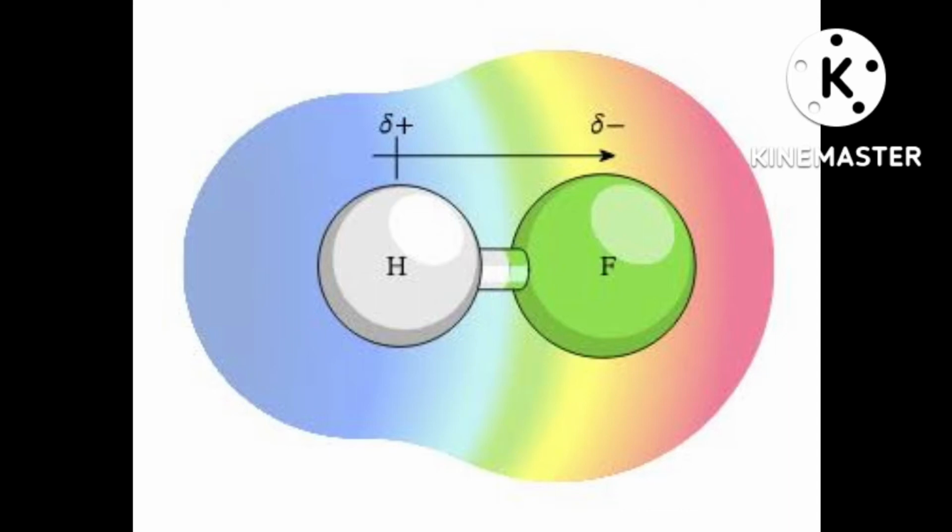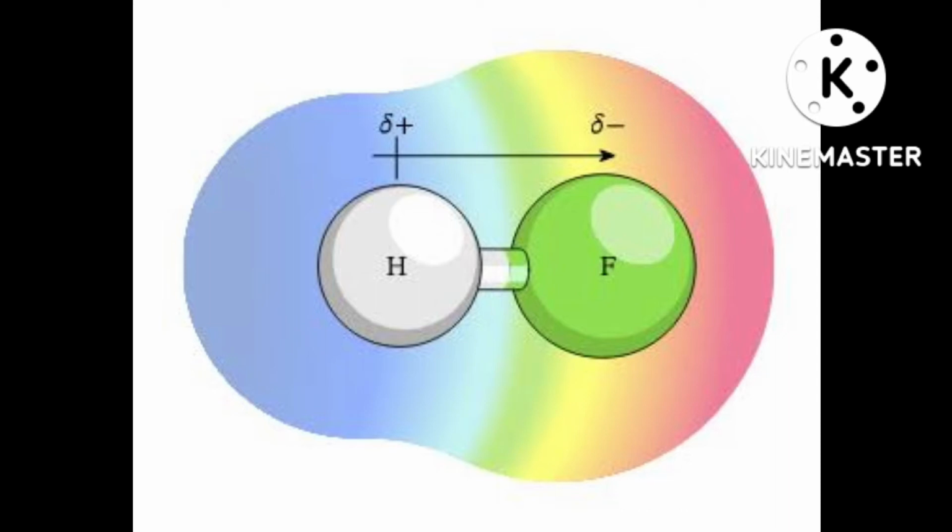Depending on the element, the process of adding an electron to the atom can be either endothermic or exothermic. Endothermic means gain of electron.